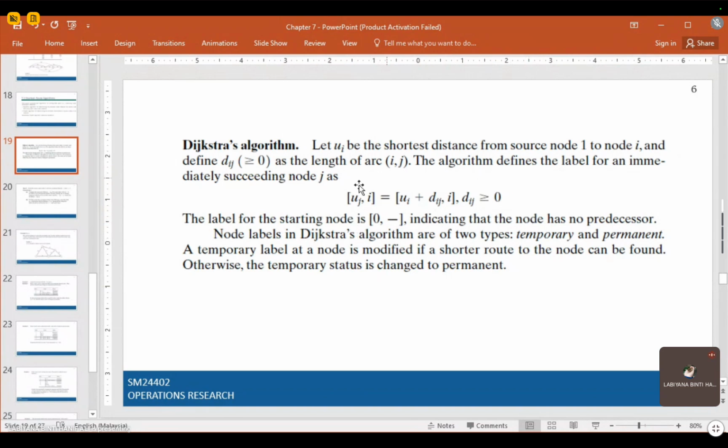We will use this formula later, don't worry. The label for the starting node will be [0, -], which is constant, indicating that the node has no predecessor.